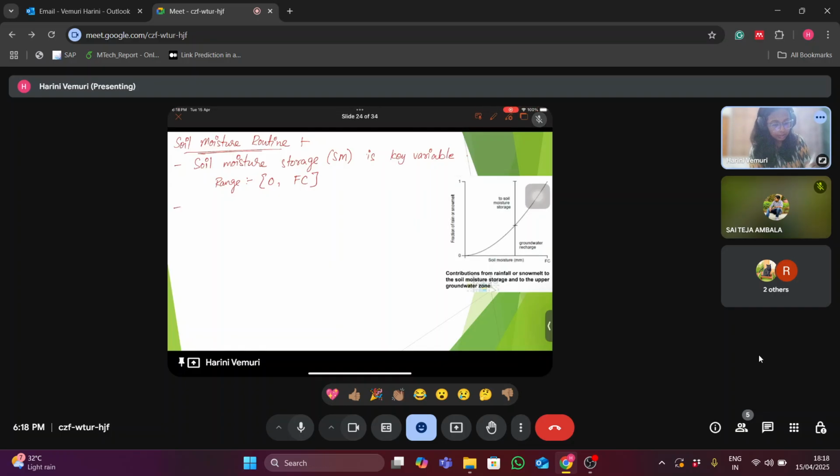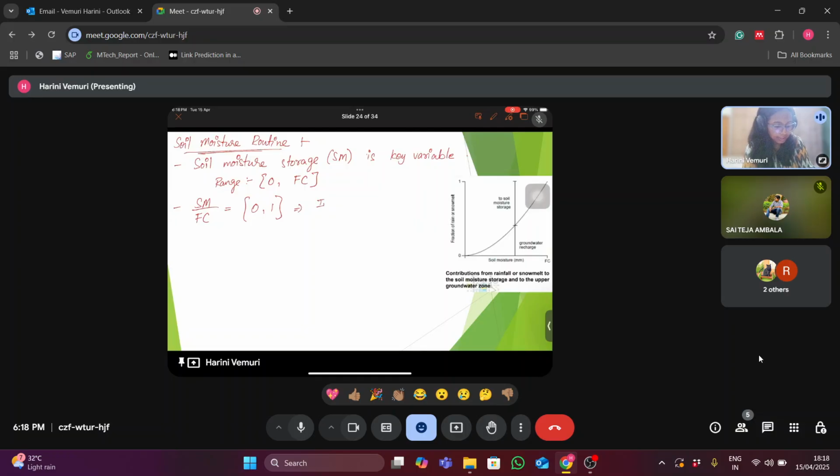Also here if you see, we have one more variable, SM by FC. Since the soil moisture storage will vary from 0 to FC, SM by FC will vary from 0 to 1.